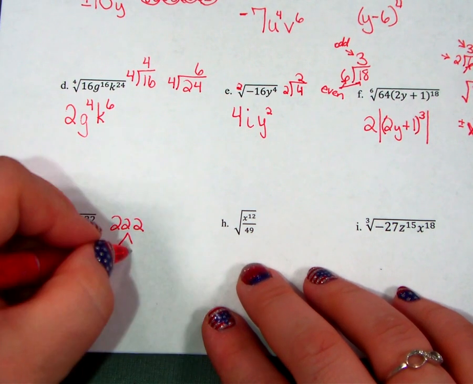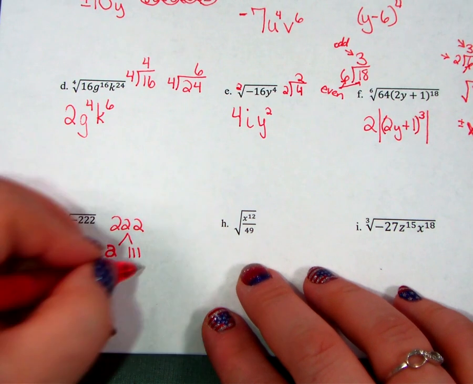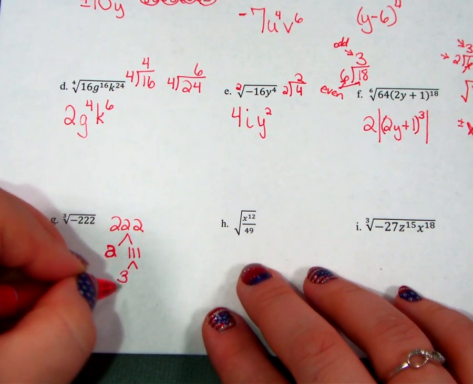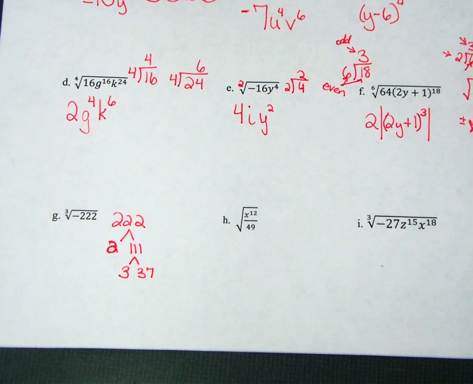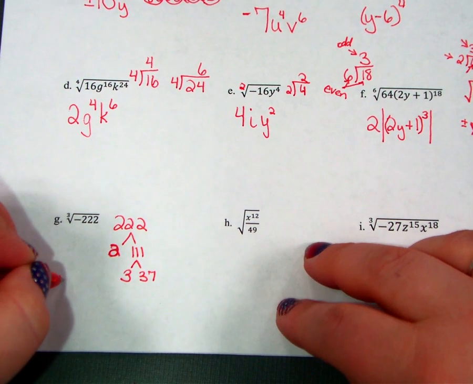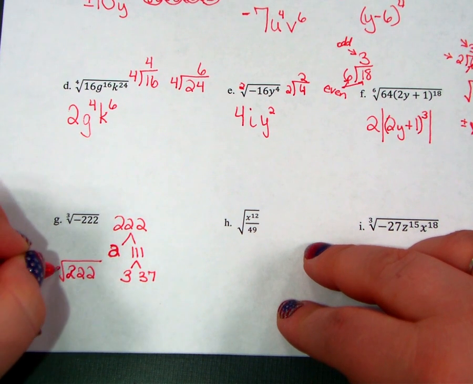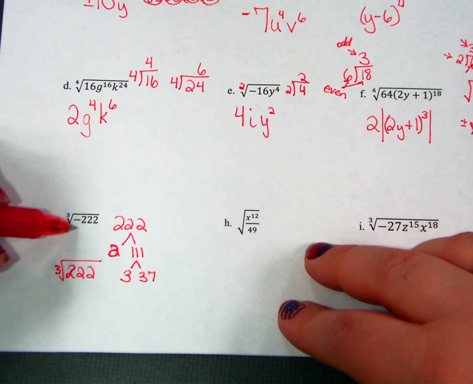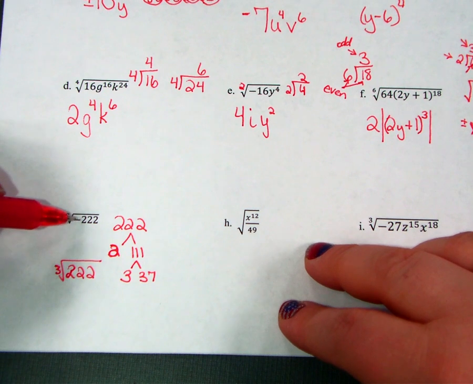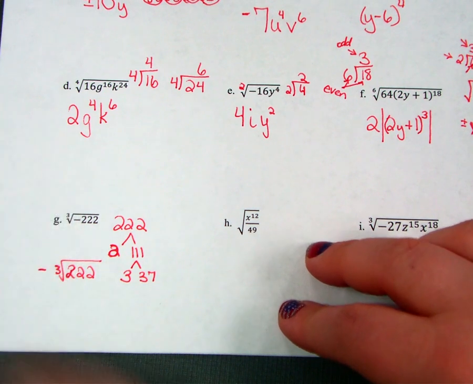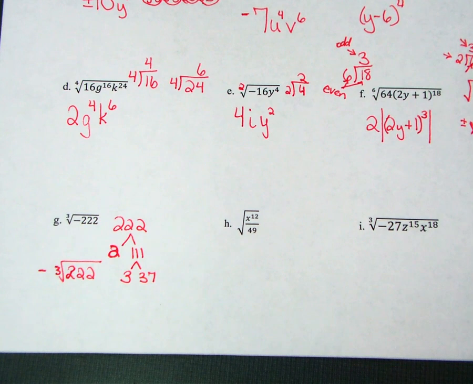Divided by 2, so 111. 111 divided by 3 is 37. And 37 is prime. So in this case, my factor tree didn't help me. I confirmed that I can't take anything out of the 222. So that needs to remain underneath the radical. But I do know that when I have a negative underneath an odd root, that negative can come out of the radical. So there is still something to do to simplify it.